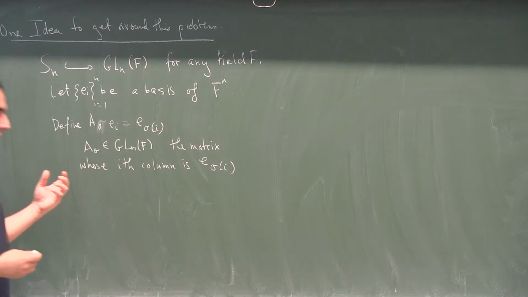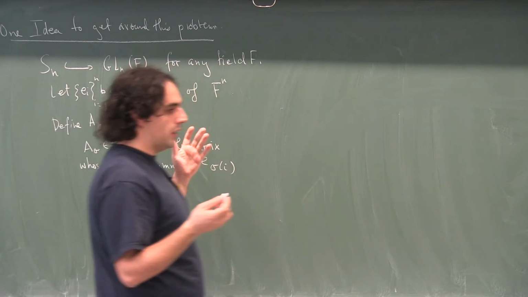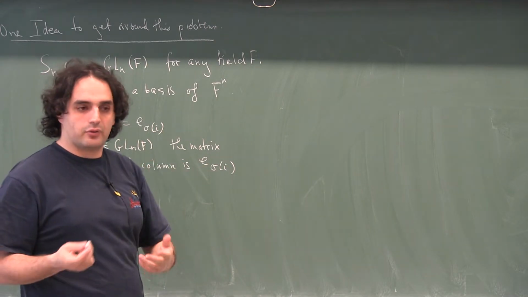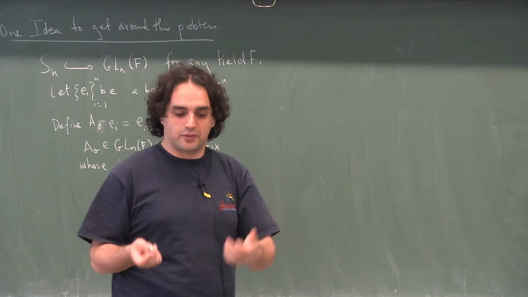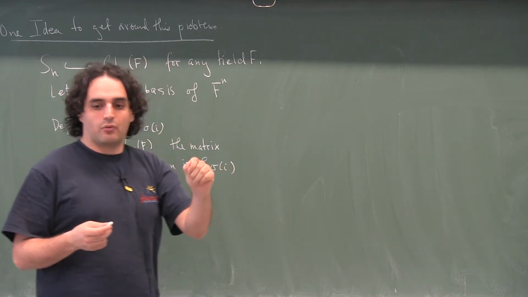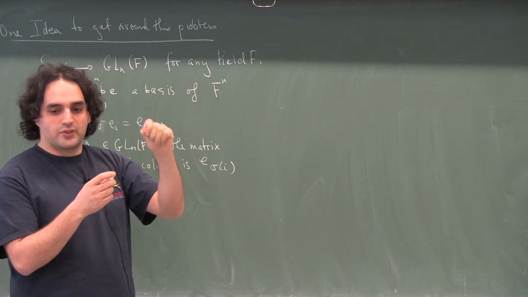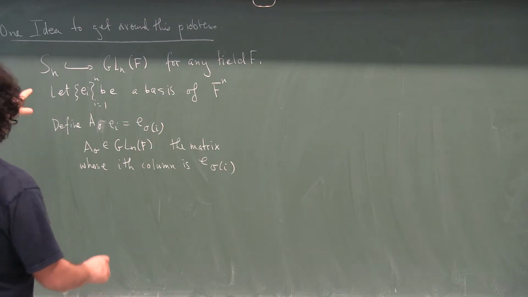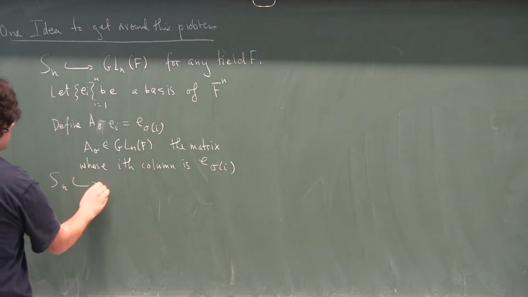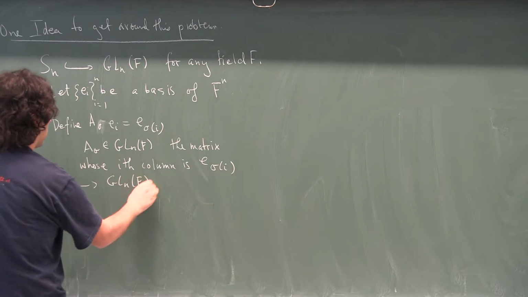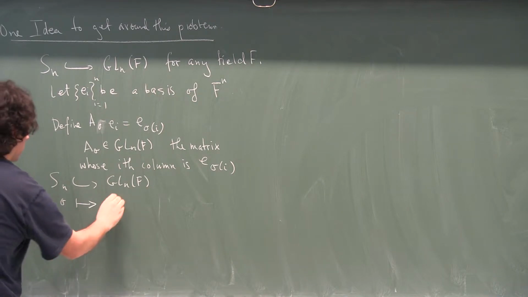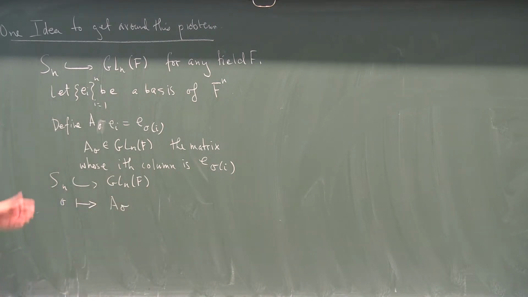So these will be matrices that in every column there is exactly one 1, and the rest are zeros. In every row there is exactly one 1, and the rest are zeros. And the entry in which you have a 1, there are no two columns in which it's the same, and there are no two rows in which it's the same. Okay, and so this map from S_n to GL_n(F) is just the map which takes sigma to the matrix A_sigma. And so this is a homomorphism, and it's injective.